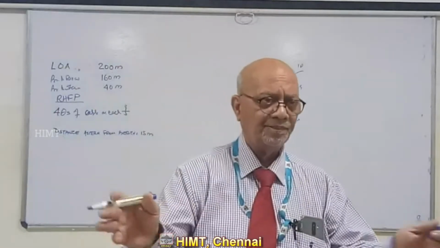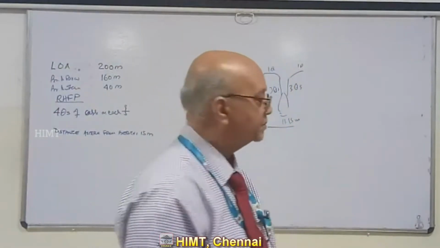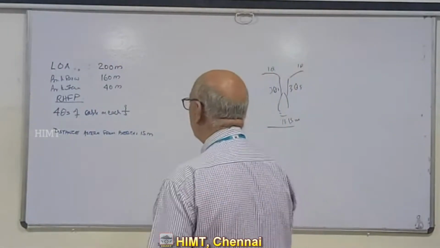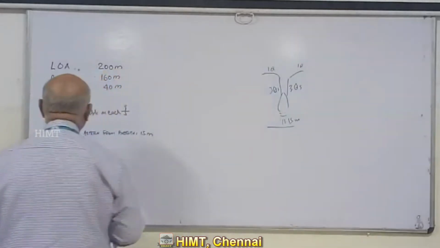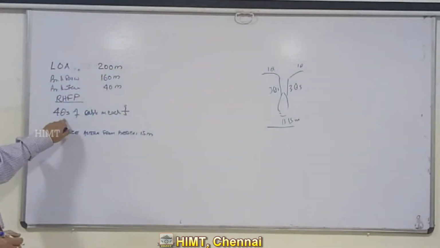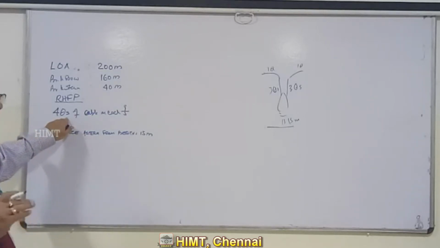First turn lines to go. Keep that clearance. And out of 4 shackles, I will lay 1 shackle parallel and 3 shackles perpendicular.